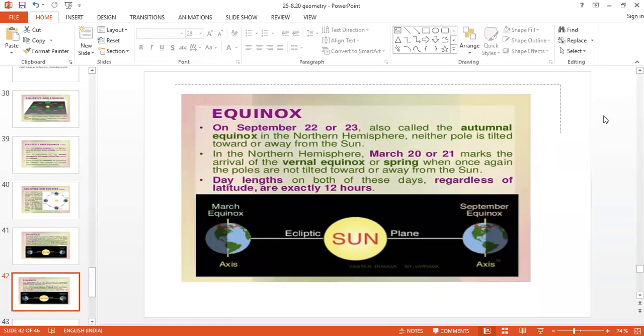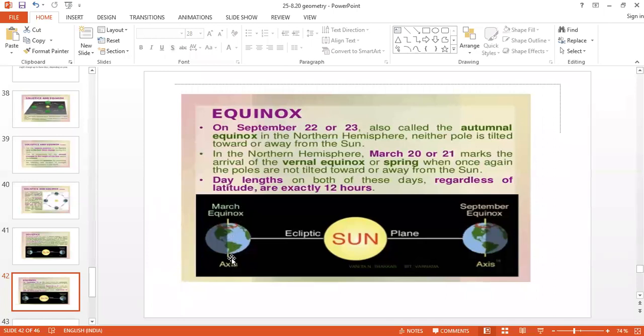In the northern hemisphere, March 20 or 21 marks the vernal equinox, or spring season. Once again the poles are not tilted towards or away from the sun. Day lengths on both of these days, regardless of latitude, are exactly 12 hours.